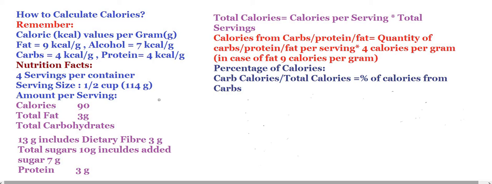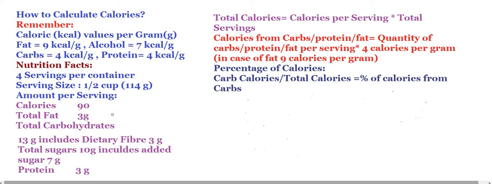Here you can see that 4 servings per container information is given. Serving size is half cup, that is 114 gram per serving. Amount per serving calories is basically 90 calories.